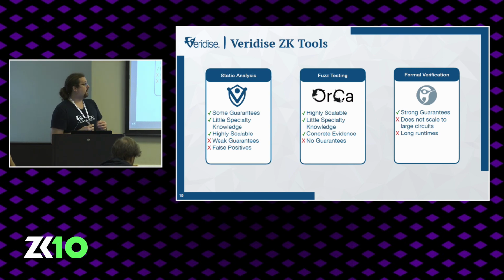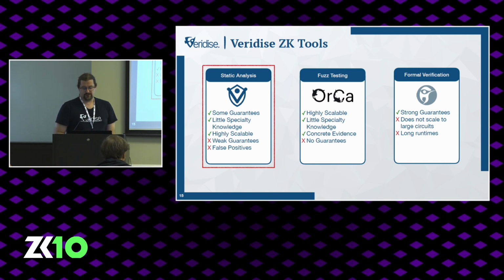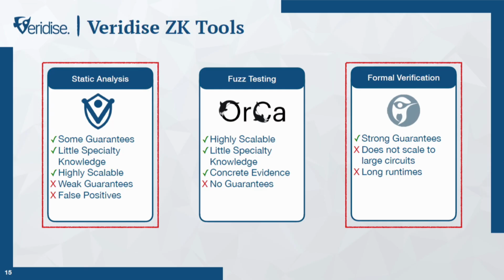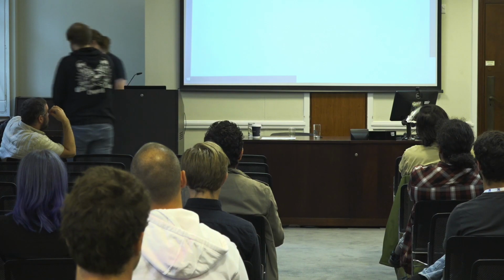And so in order to do that, Veridise has been working on creating a number of different tools, and we're basically going to focus on two of them today, namely static analysis and formal verification. So first we're going to talk about how you can statically identify some of these bugs using static analysis, and then we'll talk about how you can actually formally verify that a circuit is constrained and how to actually make that scalable. So I'm going to hand it over to Daniel, who's going to be talking about static analysis.